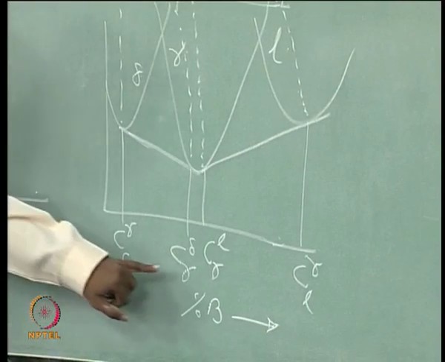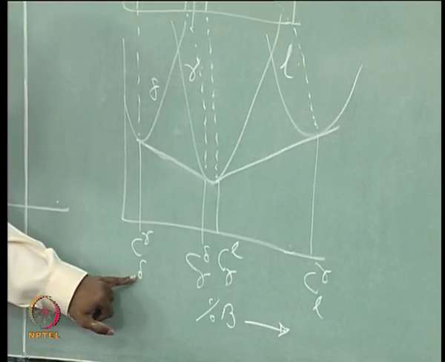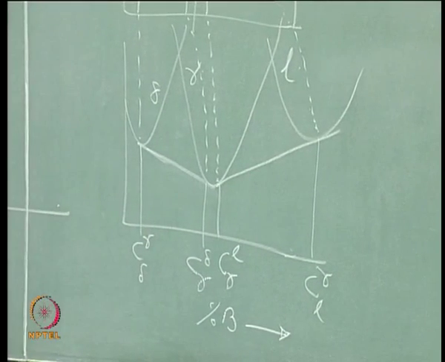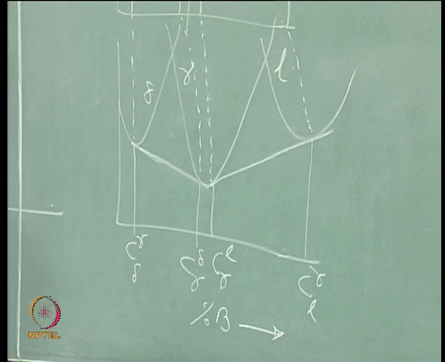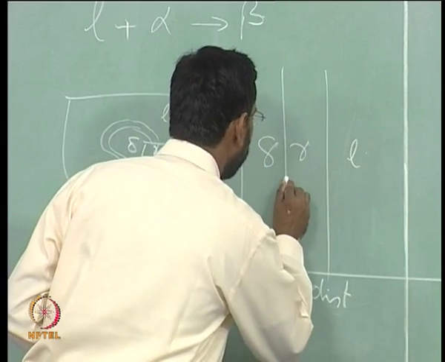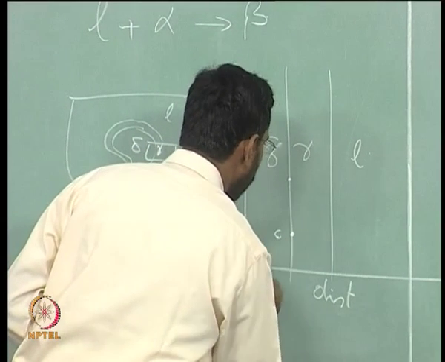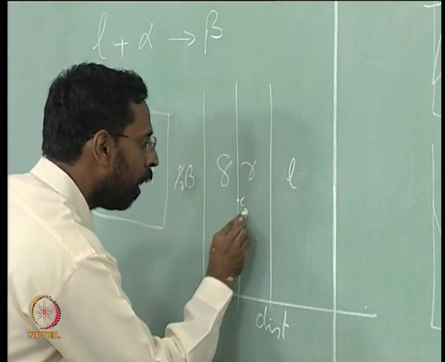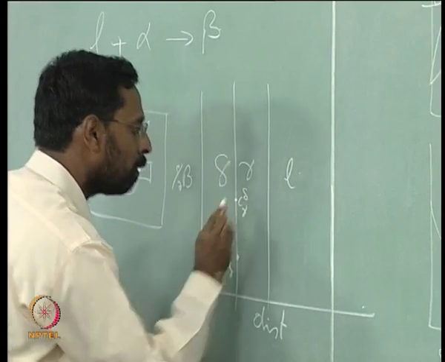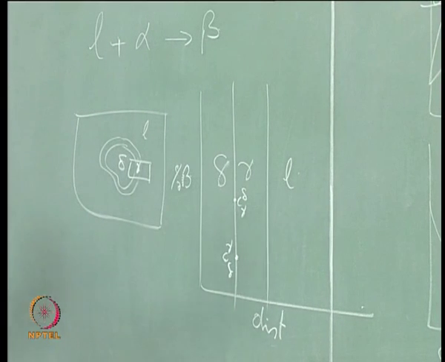So, that means the composition of gamma in equilibrium with delta is higher than the composition of delta in equilibrium with gamma in terms of percentage B. So, I can put these two compositions somewhere here. One, I will call it the composition of delta in equilibrium with gamma, and the other the composition of gamma in equilibrium with delta. Whatever scale that you choose, I am just schematically drawing them.